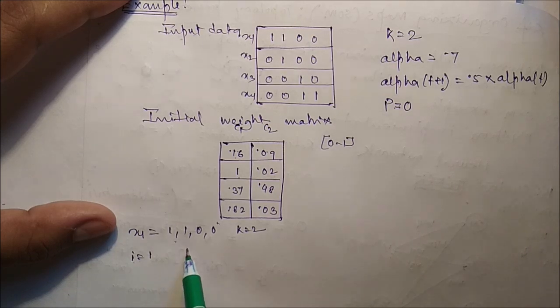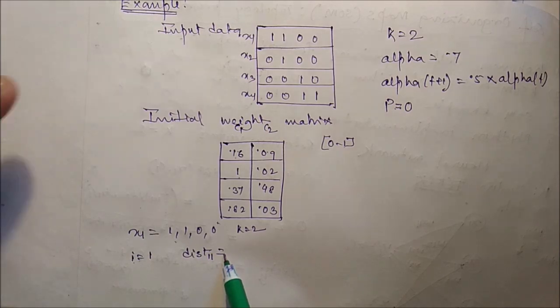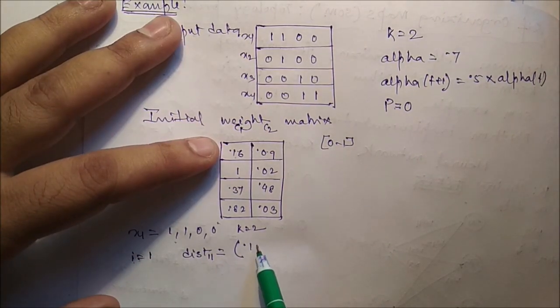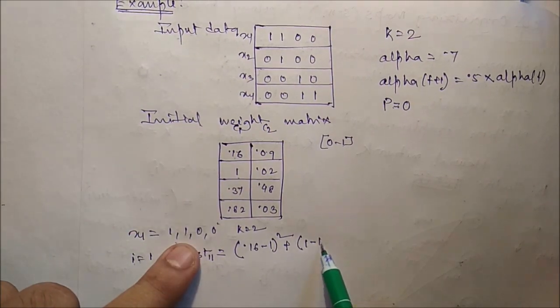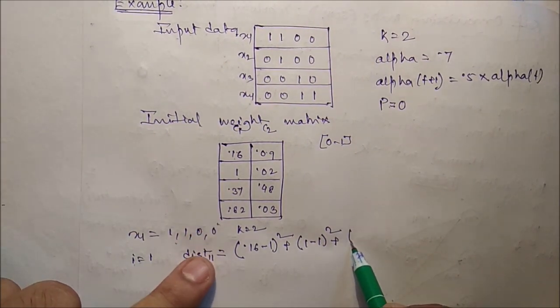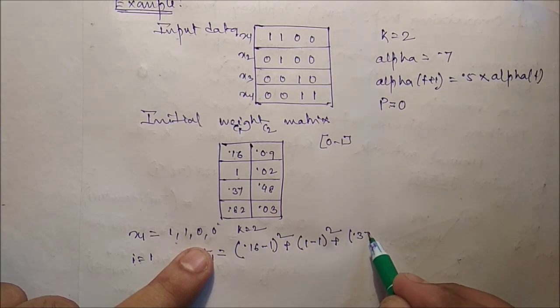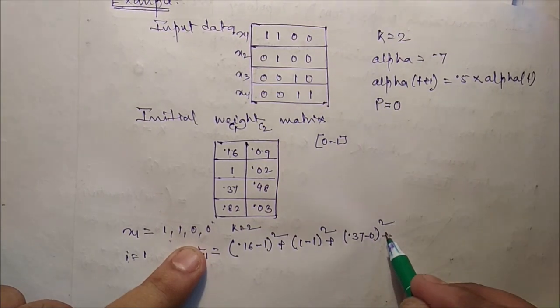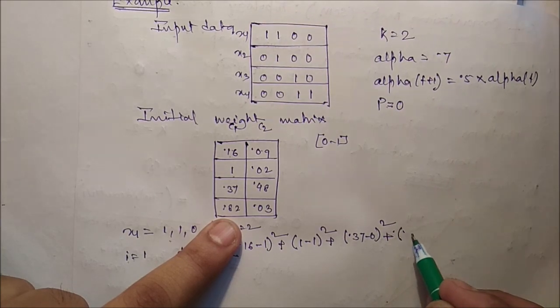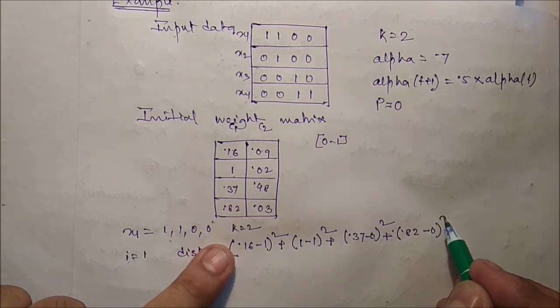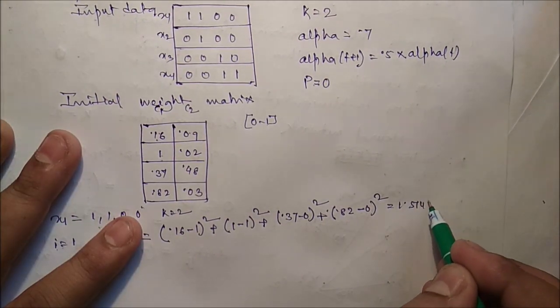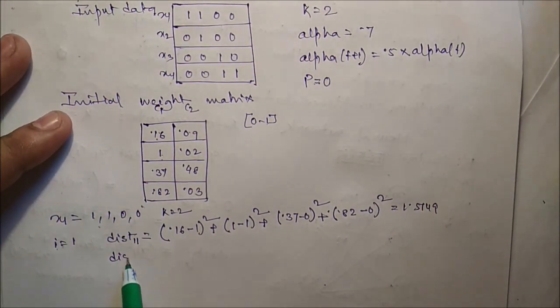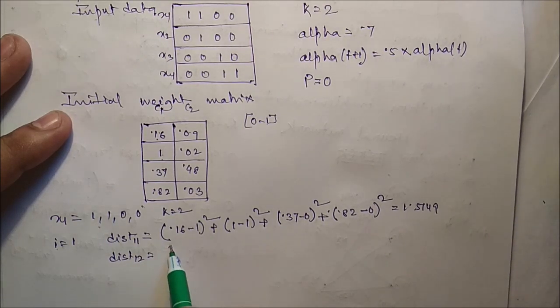Distance 1 will be 0.16 minus 1 squared plus 1 minus 1 squared plus 0.37 minus 0 squared plus 0.82 minus 0 whole squared, which is 1.5149.